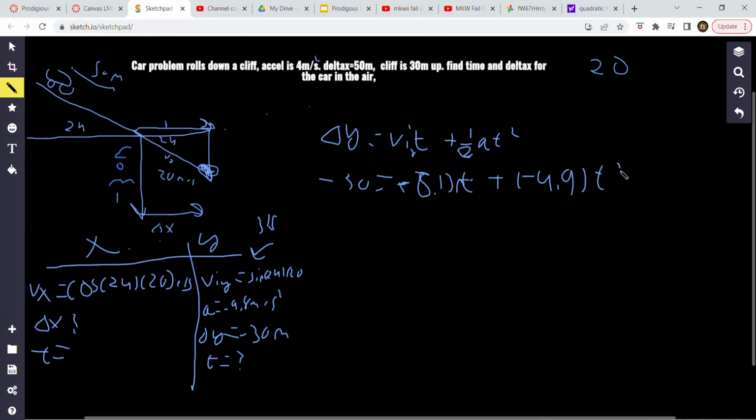So we can just move this along here, and now we have a quadratic equation. To solve this, we're just going to plug it into the quadratic formula.